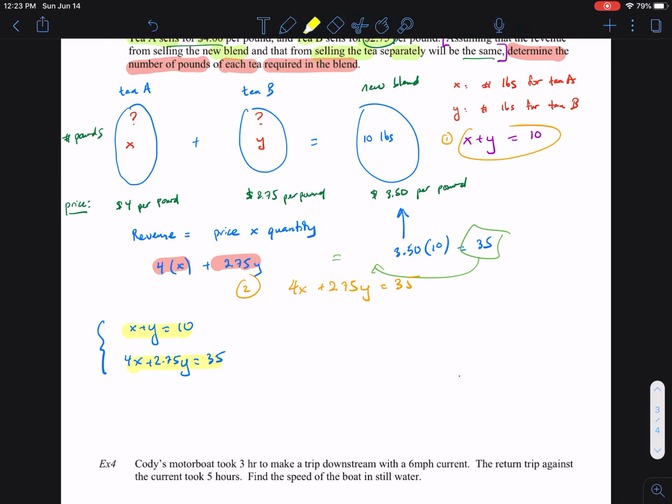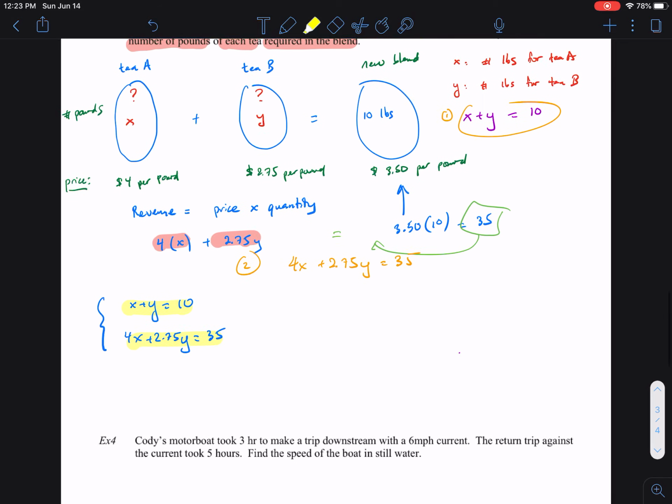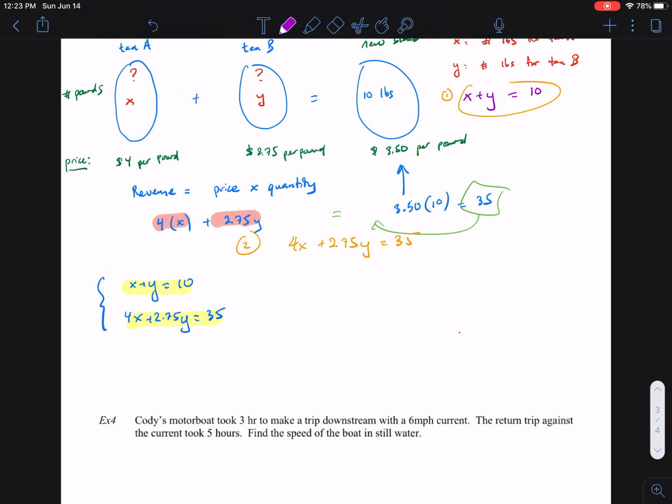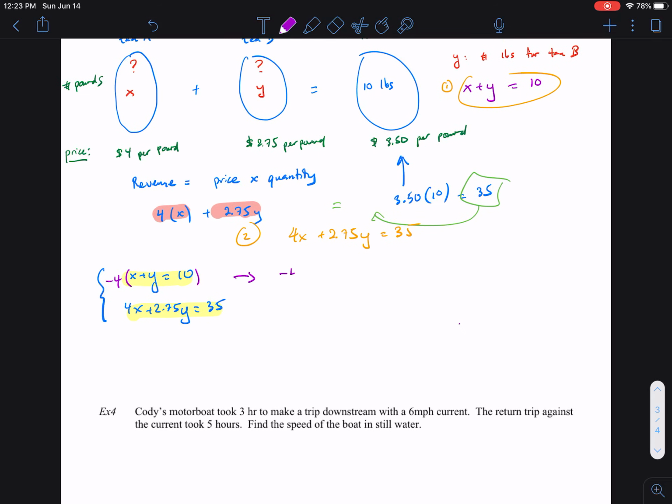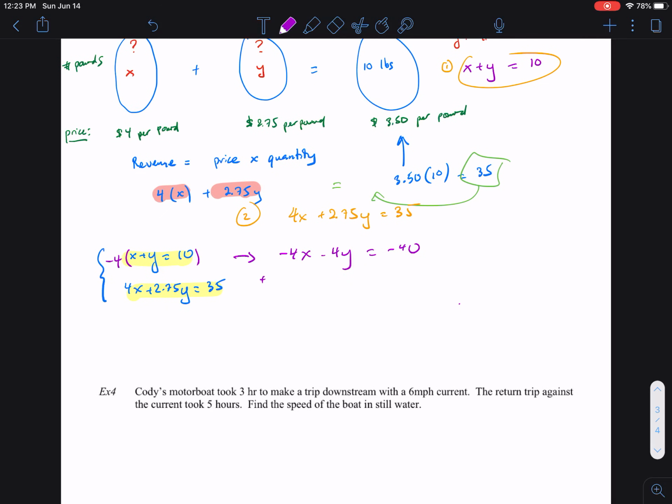Now we can solve the system using elimination or substitution. I'm going to do it by elimination. Multiply the first equation by -4. That will give me -4x minus 4y equals -40. Add it to the second equation, 4x plus 2.75y equals 35. That will give me -1.25y equals -5.